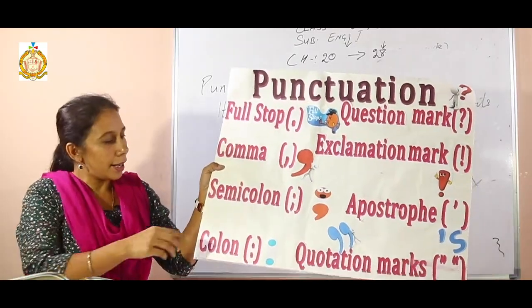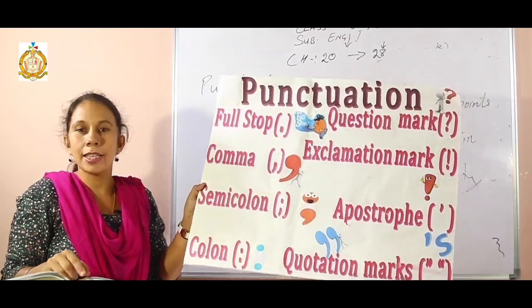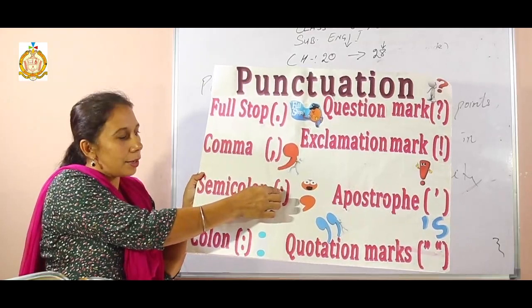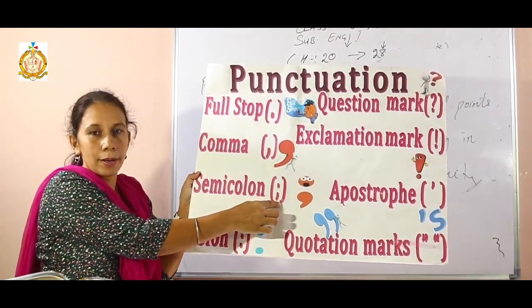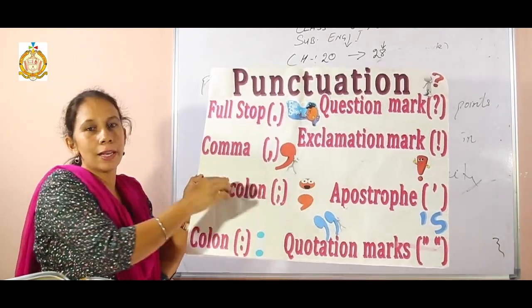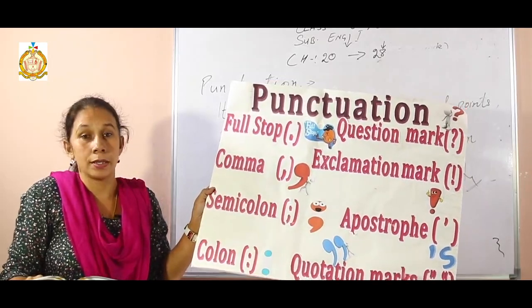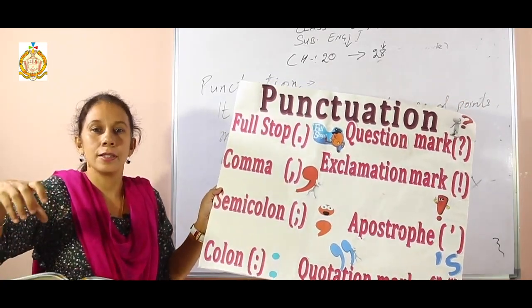Okay, and the next one, the third one, is semicolon. In a semicolon, the symbol is a dot above and then a comma downwards. This is the symbol of semicolon. Semicolon marks a pause of greater importance, when we have to mark the point where importance is there.